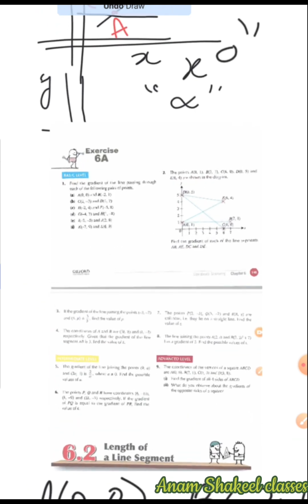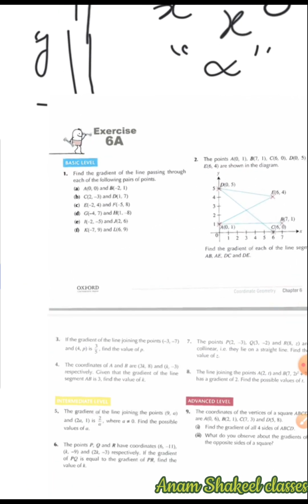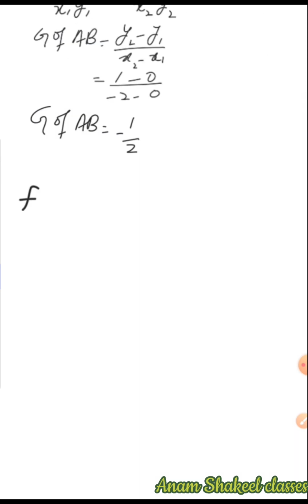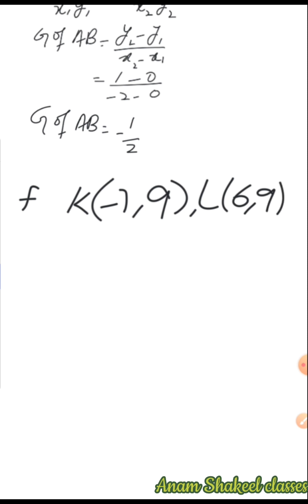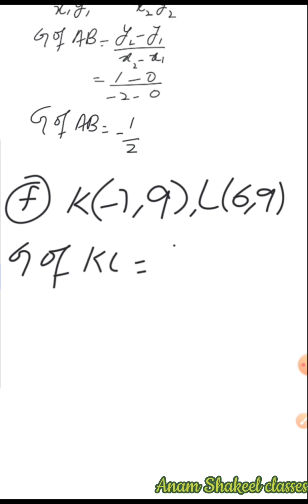In part F, the coordinates of K are (-7, 9) and the coordinates of L are (6, 9). So the gradient of KL is y2 minus y1 over x2 minus x1.